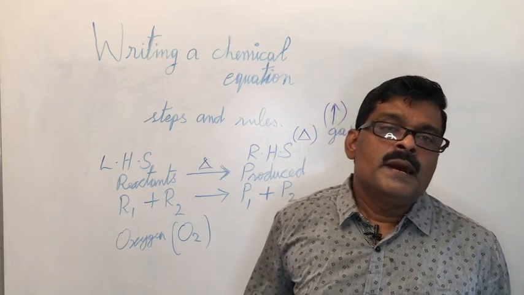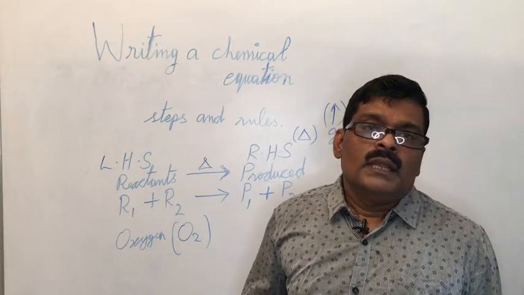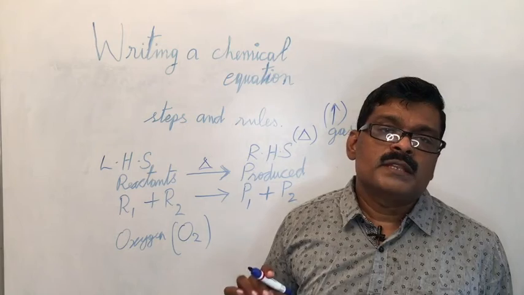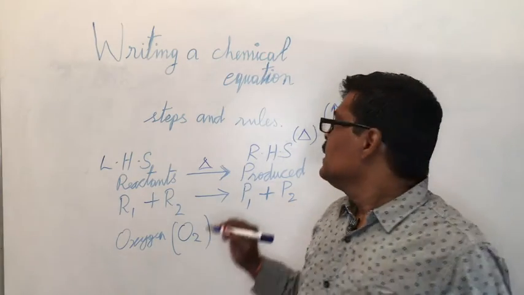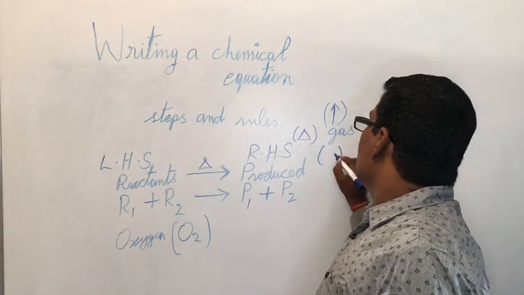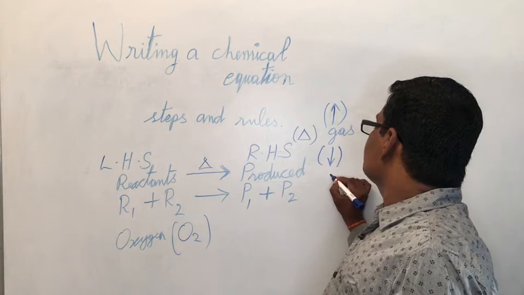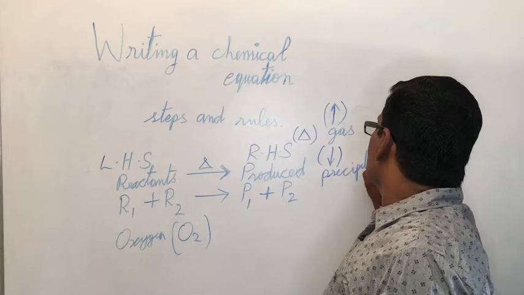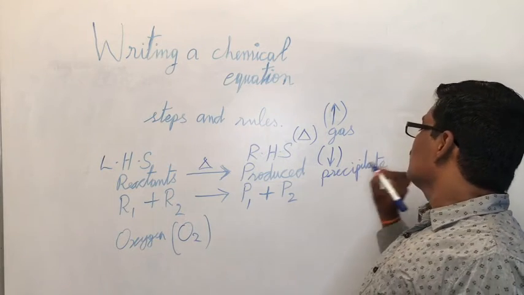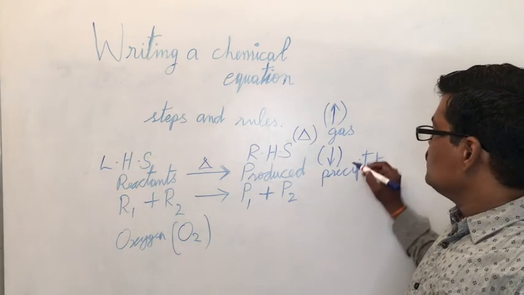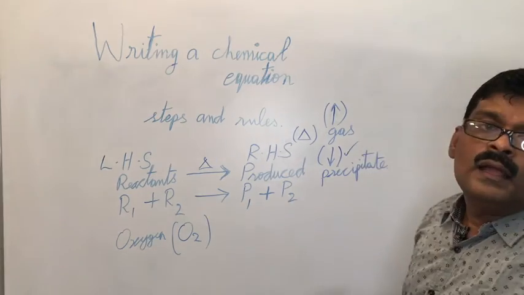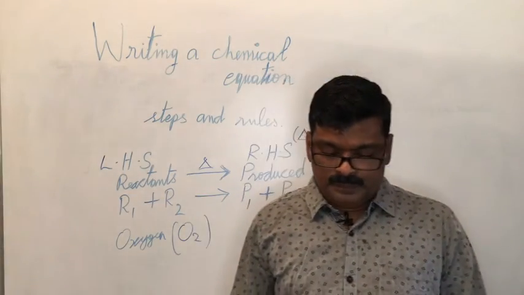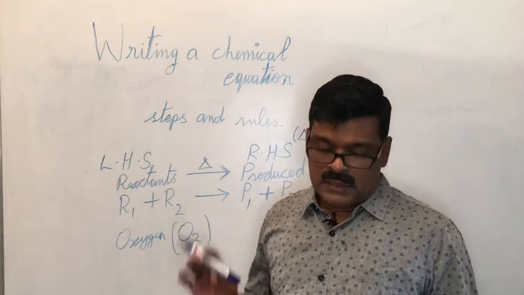When any precipitate is formed, a solid substance particle which separates out in the liquid as a precipitate, it can be indicated with a downward arrow. Both are marked if present.